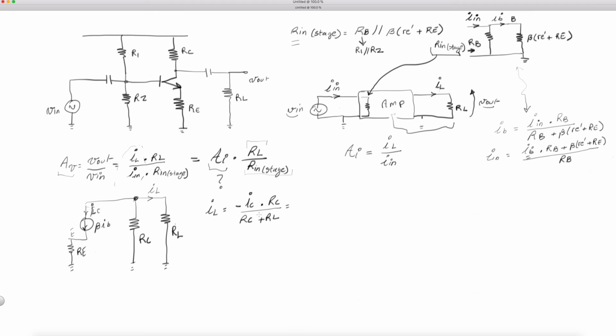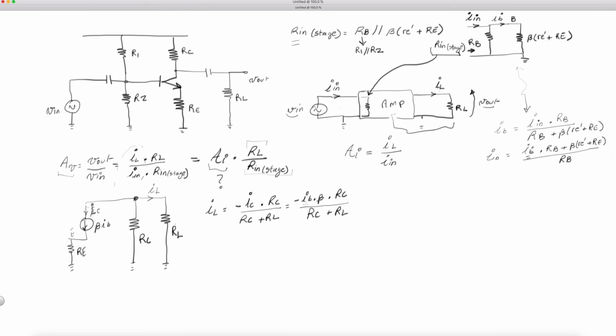And let's expand that. Well, that's minus IB beta times RC, so beta IB, divided by RC plus RL.